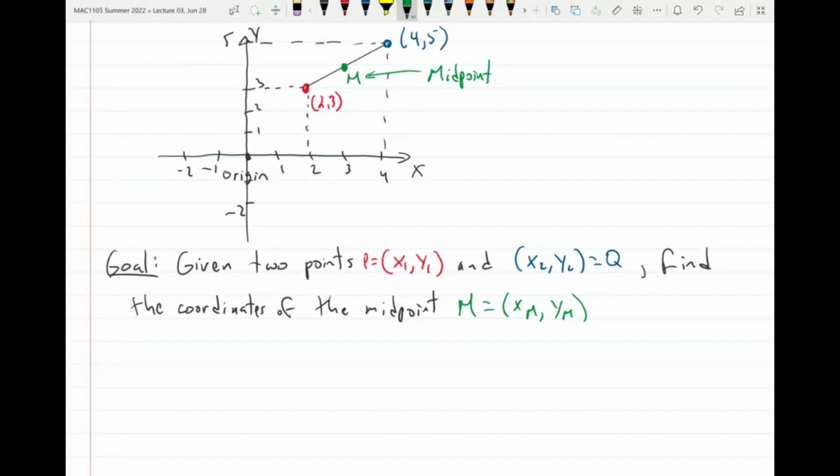So find the coordinates of the midpoint M of the line segment PQ. PQ or QP, it doesn't matter. When you talk about a line segment, it doesn't matter which is the starting point and which is the ending point. When you talk about a vector, that's a different story. But for a line segment, that's okay. So that's the problem that we want to figure out.